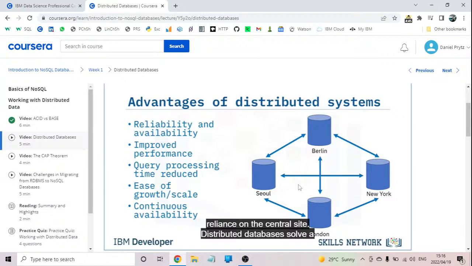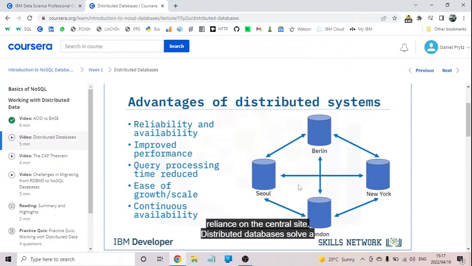Ease of growth and scale. This represents ease of growth or scale.